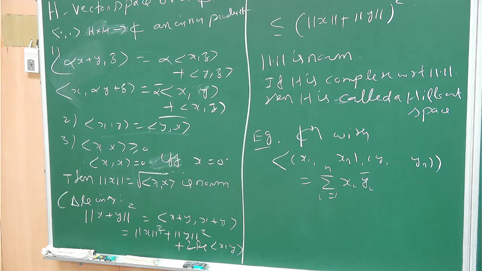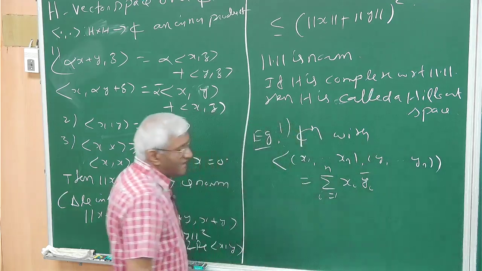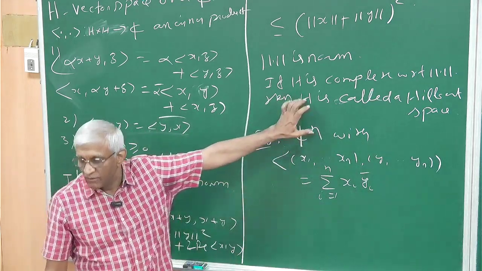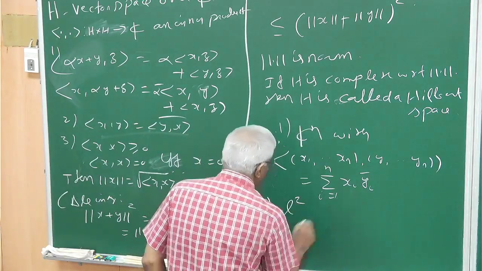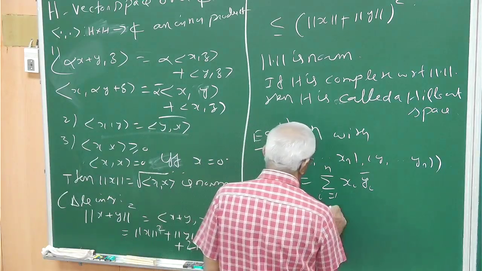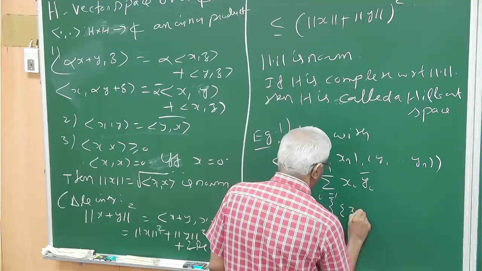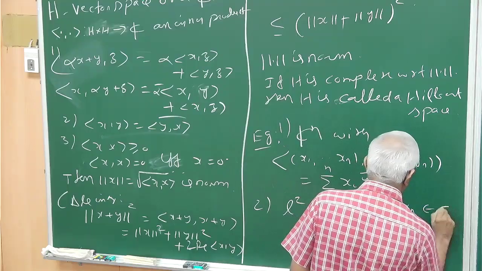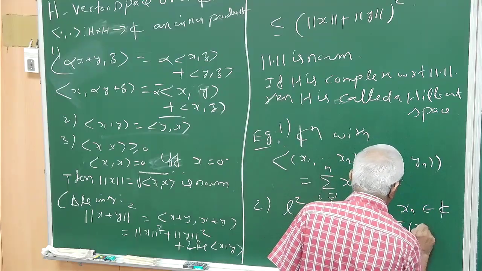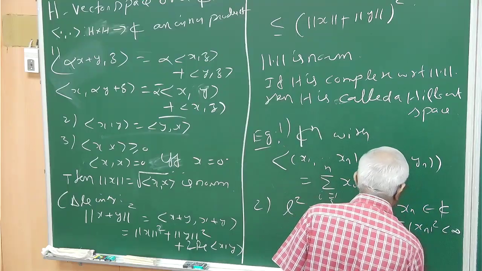So this is an example. And in fact, all finite dimensional ones will look like this, up to isomorphism. Another example is L2, all those sequences xn in C such that the summation of mod xn squared is finite.